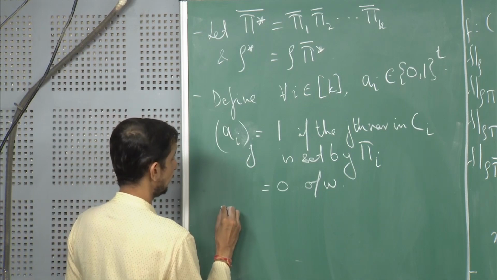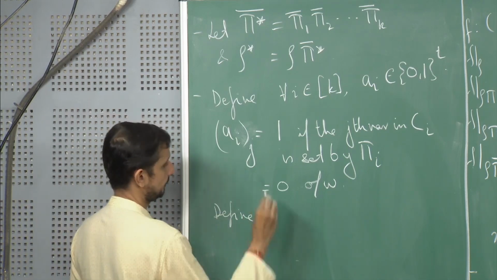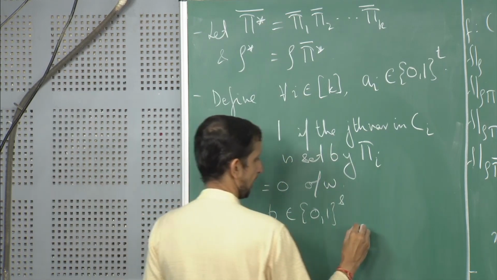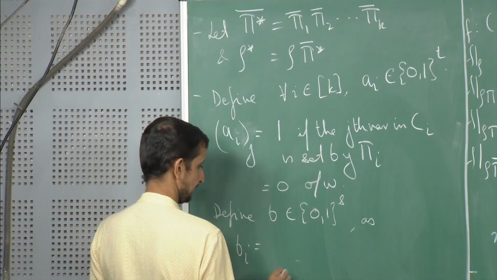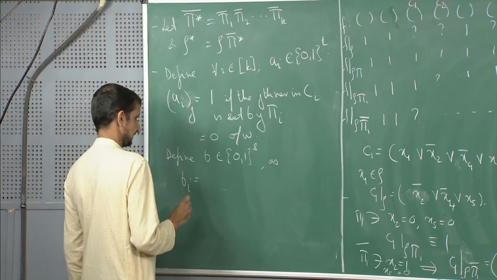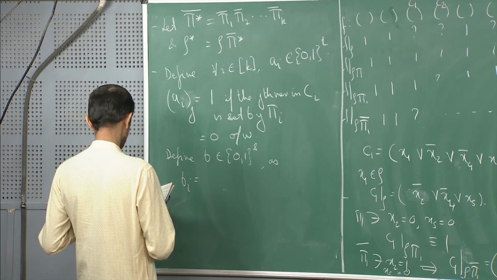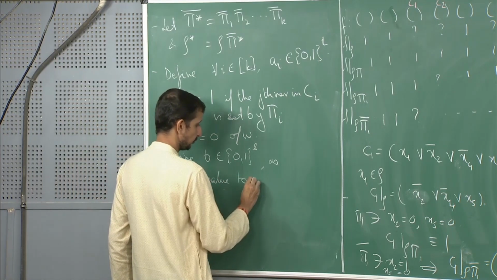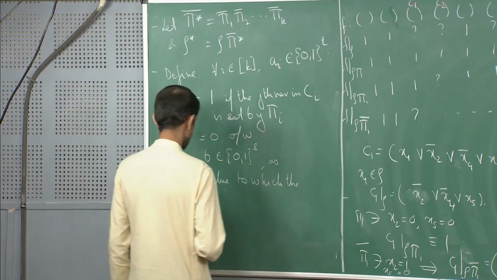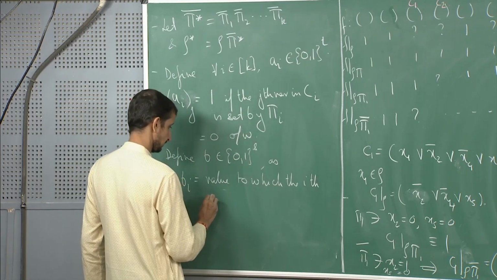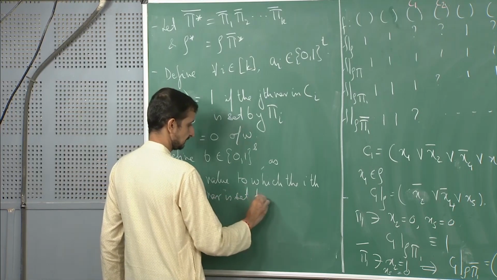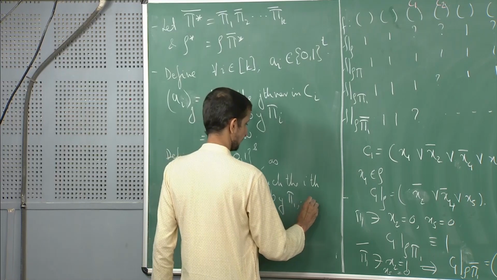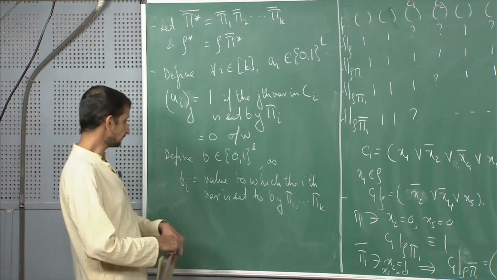I will also define another string b belonging to {0,1}^s, so b_i is equal to the value to which the ith variable is set by pi_1 up to pi_k. Okay.